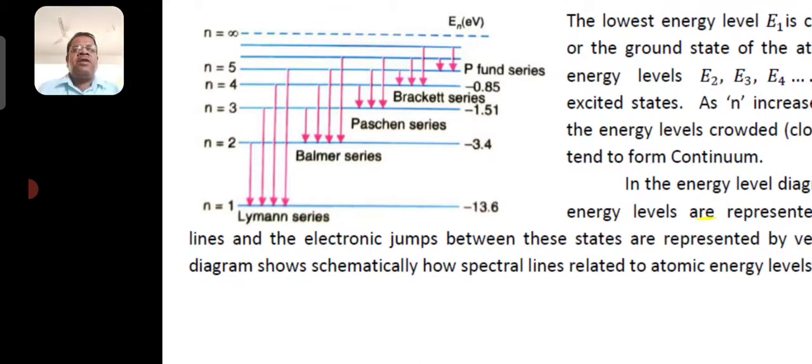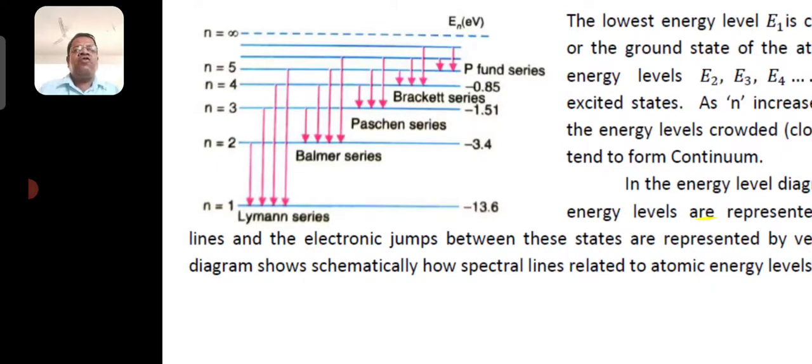Similarly, when an electron jumps from the fourth orbit to the second orbit, we get the second member of the Balmer series, that is the H beta line. Now, from n equals infinity to n equals 2 gives you the series limit of the Balmer series. Similarly, in the case of the Paschen series, Brackett series and fifth series.